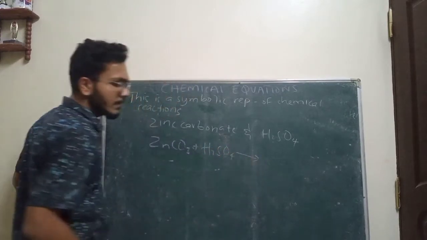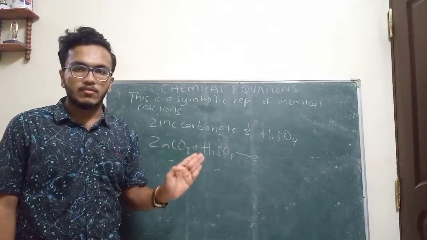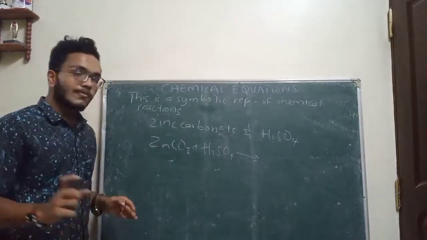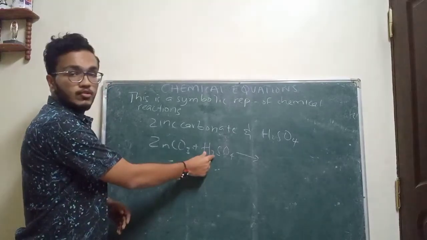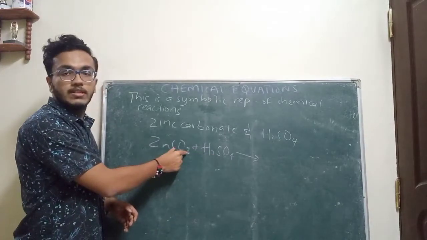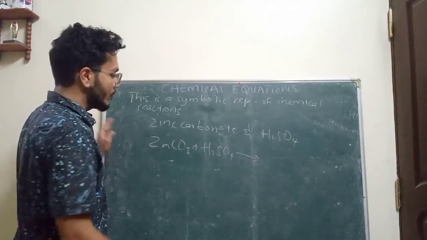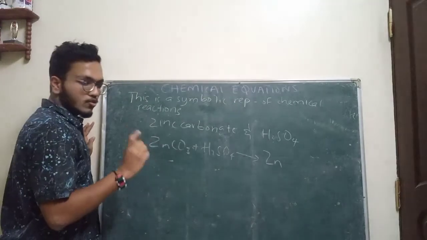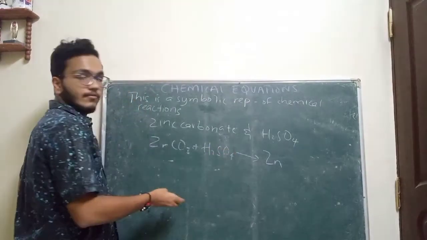Now what did we say? We say a carbonate reacts with an acid to form a salt, carbon dioxide and water. The carbon dioxide is formed due to the carbonate and the water is formed due to the 2 hydrogen atoms and 1 oxygen which is left from the carbonate. Now zinc carbonate plus H2SO4 forms zinc sulfate, the salt. The salt takes the metal and the sulfate without the hydrogen.